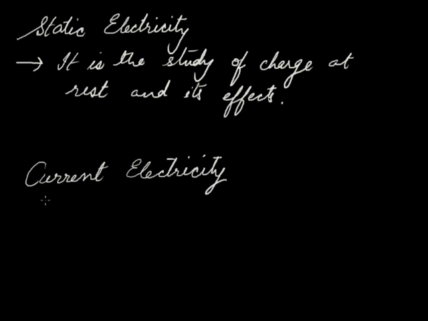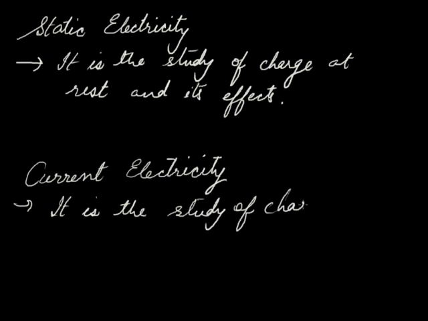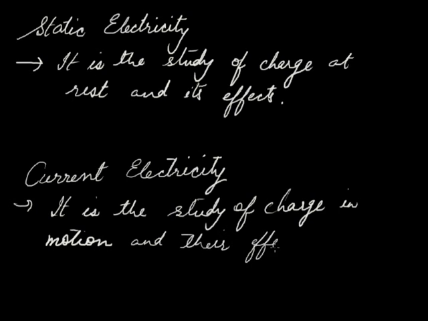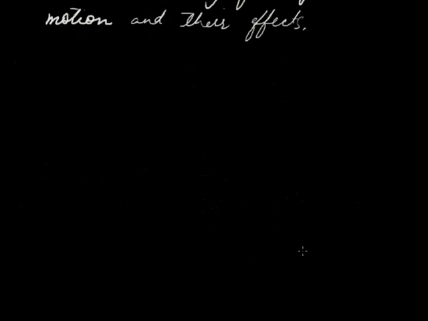But when we talk about current electricity, here the charge moves, and we say that it is the study of charge which is in motion and its effects. These are the two branches in which we can classify the branch of electricity.